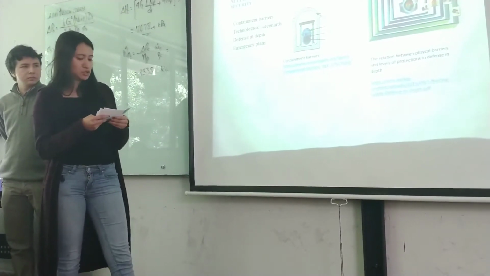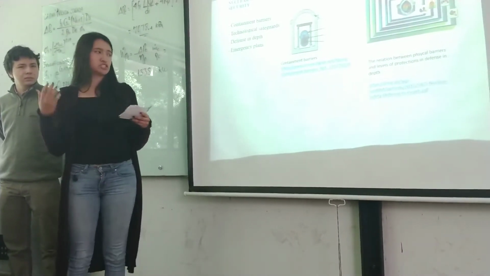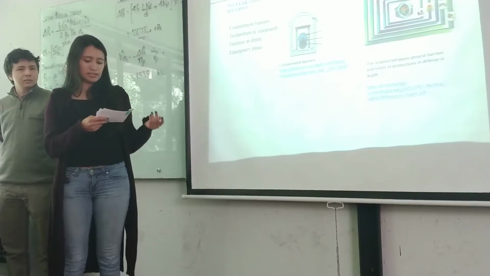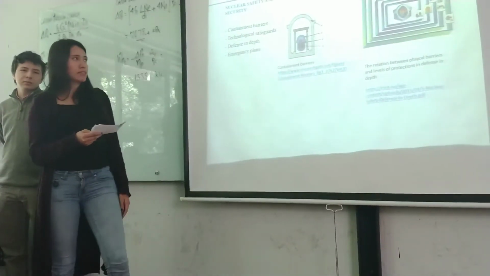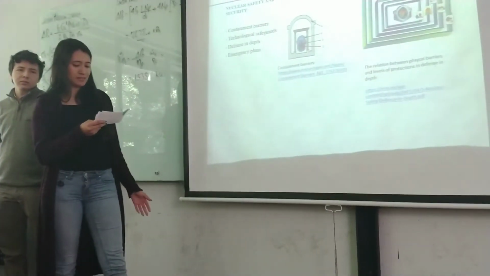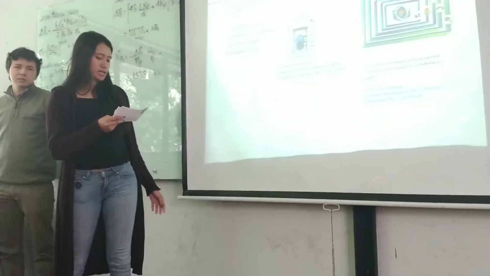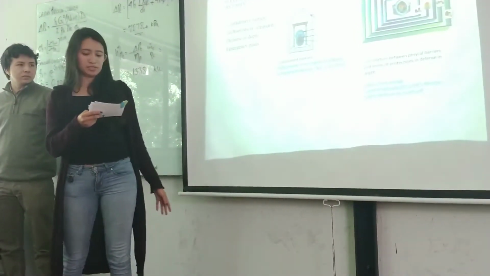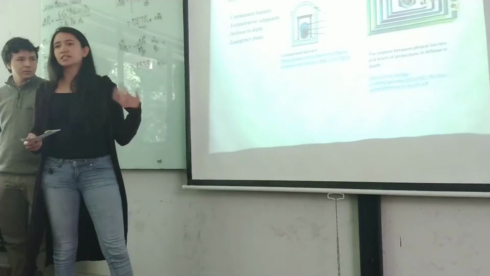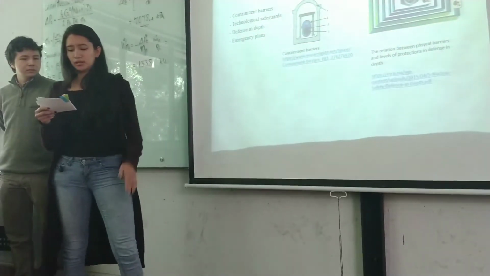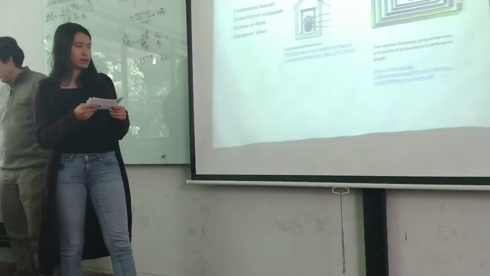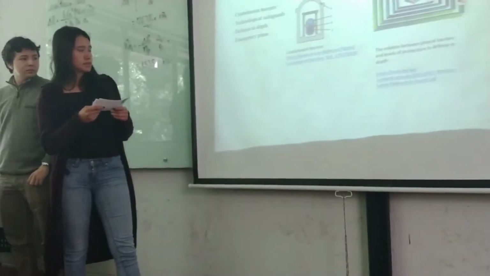Technological safeguards to protect these barriers are a set of systems that have been designed taking into account the occurrence of events during the operation of the plant, such as an earthquake or a flood. Defense in depth.